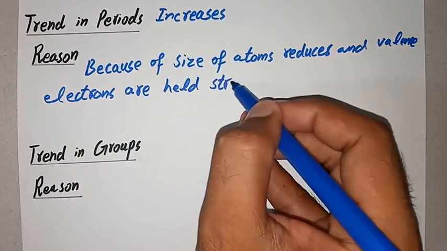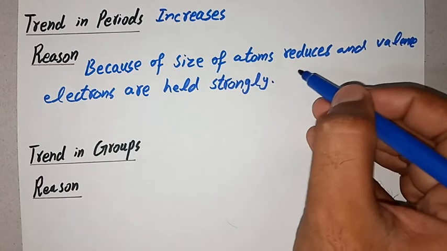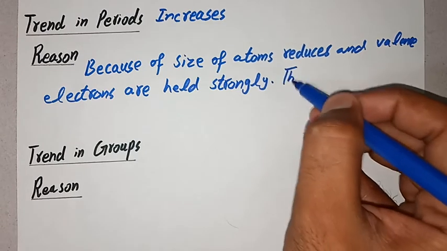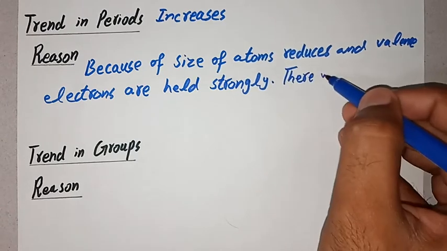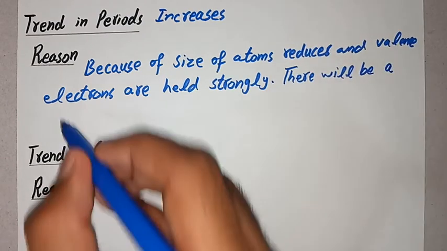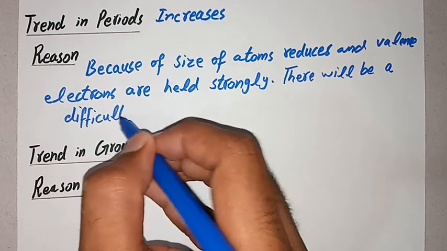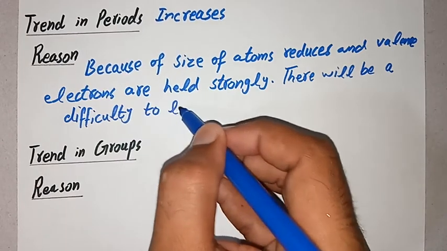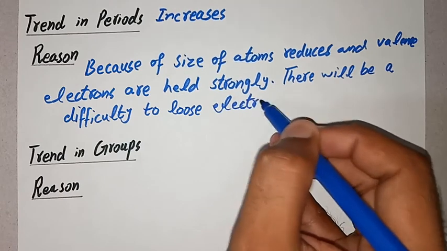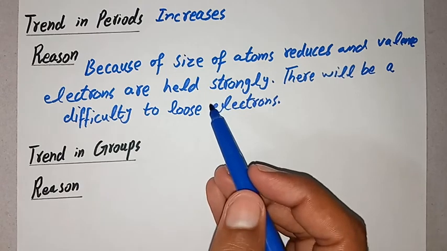When electrons are held strongly by the nucleus, there will be a difficulty to remove them. There will be a difficulty to lose electrons because the size was reduced and the electrons were held strongly.